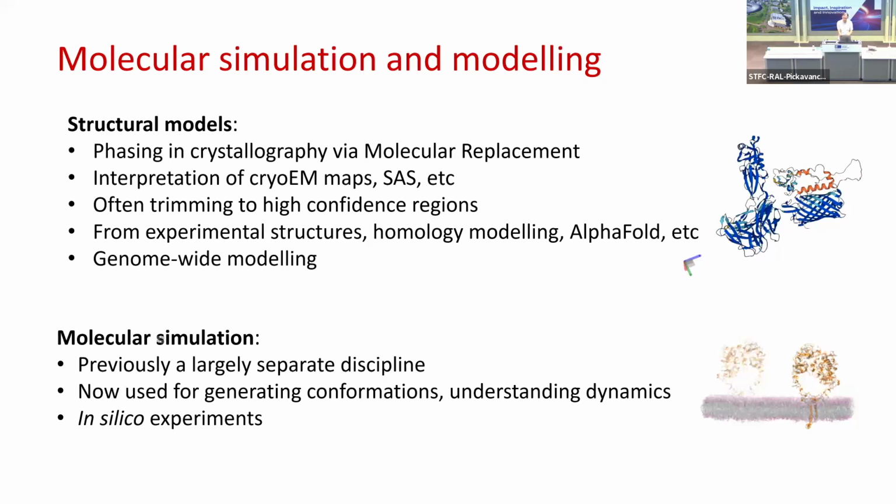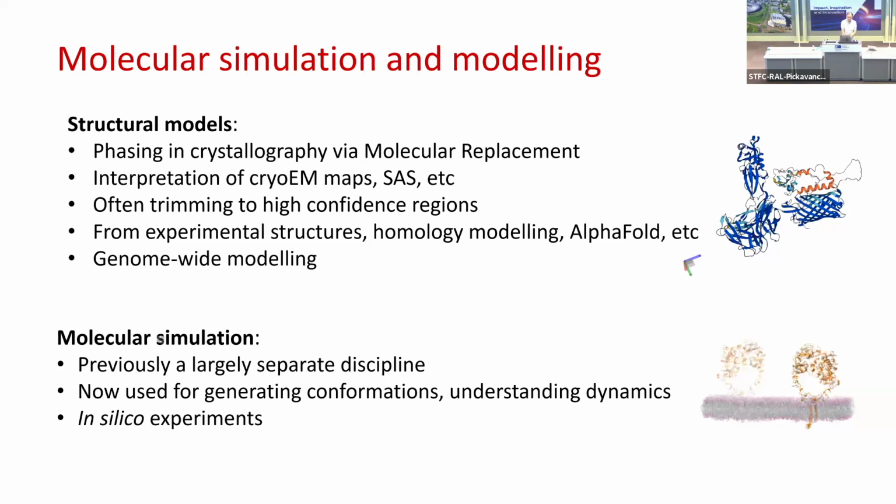But it's now also done in cryo-EM in trying to generate models to fit into the map. And the name of the game here is really identifying, if you model a structure, being able to identify which are the good bits and which are the bad bits. And you're often going through the process of trimming down the model to the high confidence regions so that you get the best agreements with experiments.